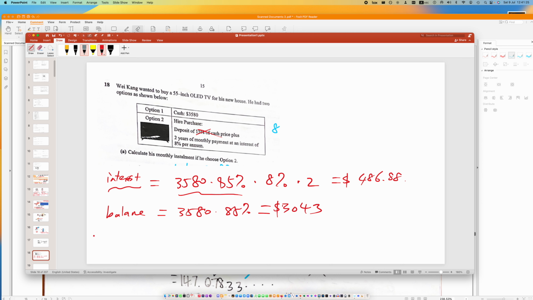So therefore you sum up the balance and the interest. So this is the total sum you need to pay in 2 years. Right? So since you need to calculate the monthly installment, 2 years, how many months? 24 months. This will give you the monthly installment. Can you help me solve this? Just use your calculator, yeah? Get me the sum first, then divide by 24.